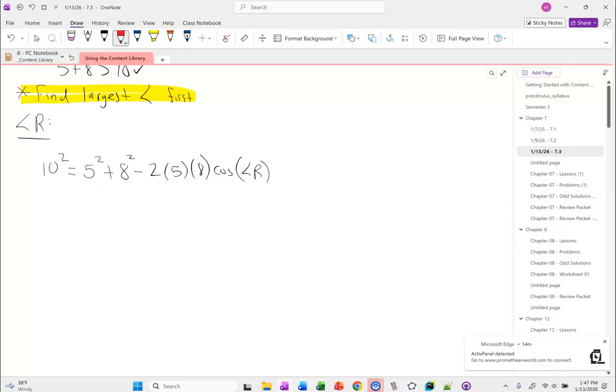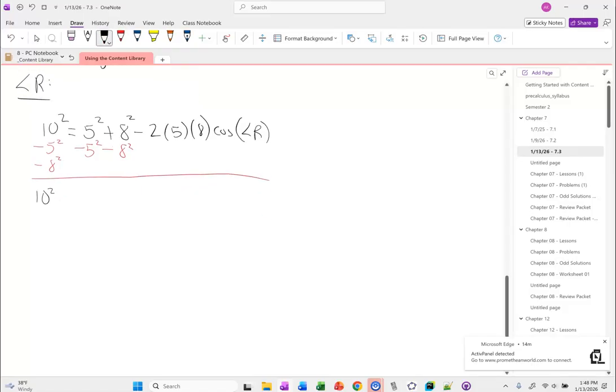So we'll just start by moving these guys over. And I'm not going to bother changing anything, multiplying or adding or subtracting or squaring anything, until the very end. I'm just going to type it in my calculator all in one shot.